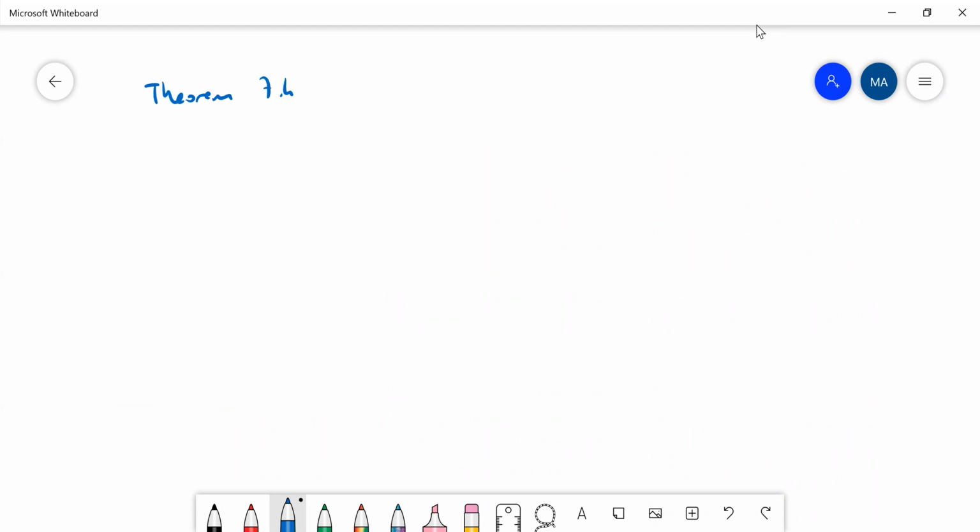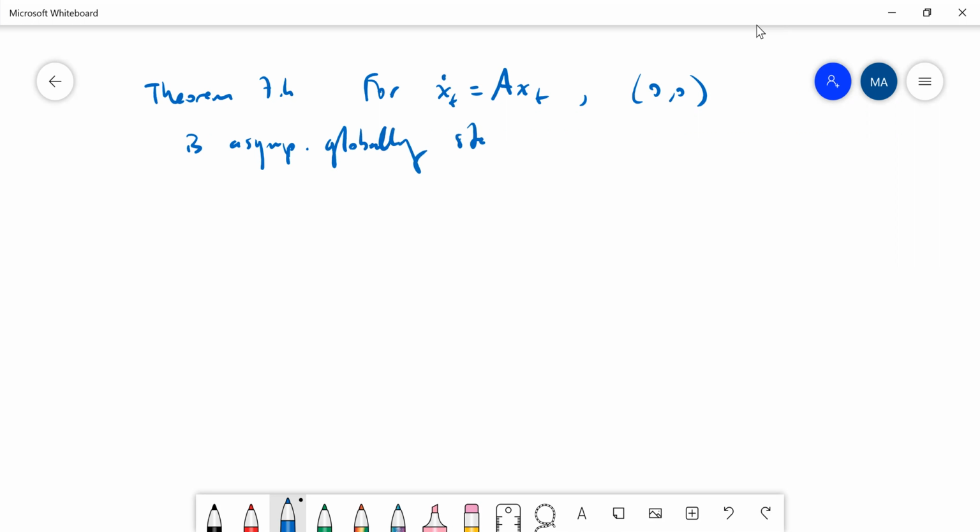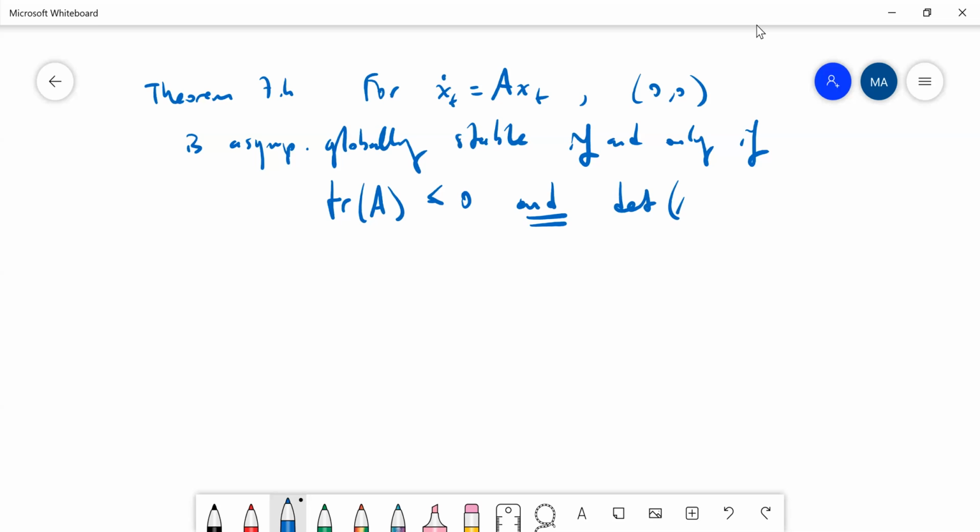So it says this: for x dot t equals A x t, 0, 0 is asymptotically globally stable if and only if trace is less than 0 and determinant is positive.